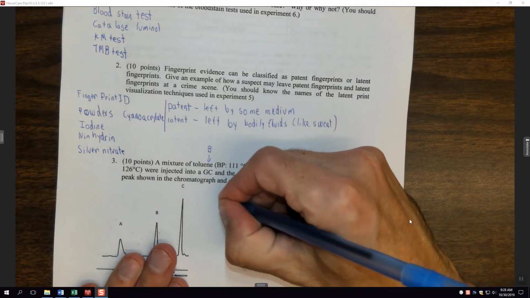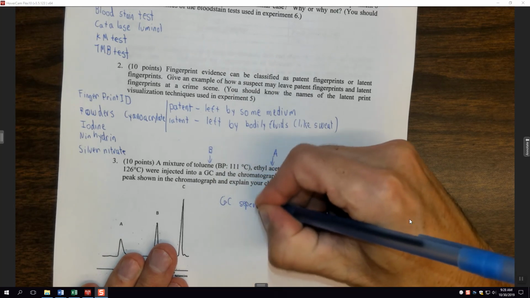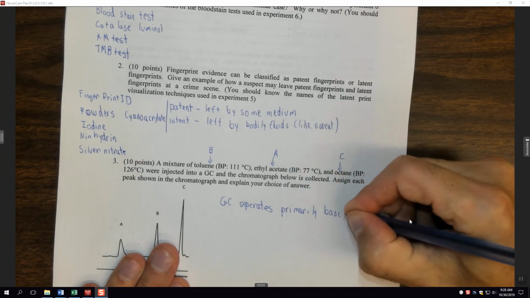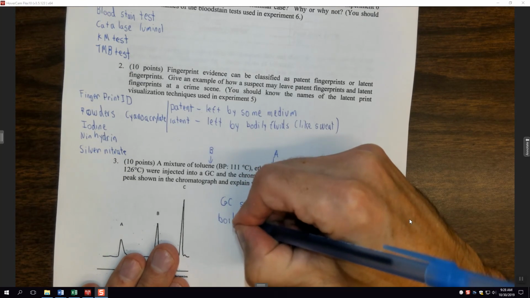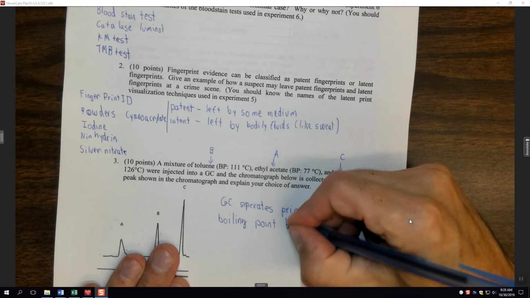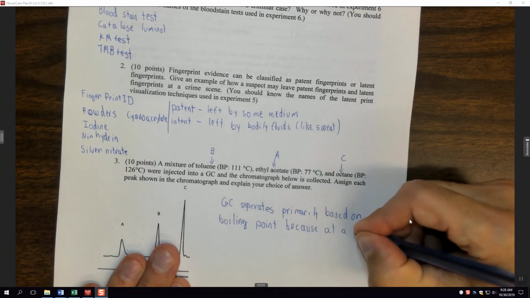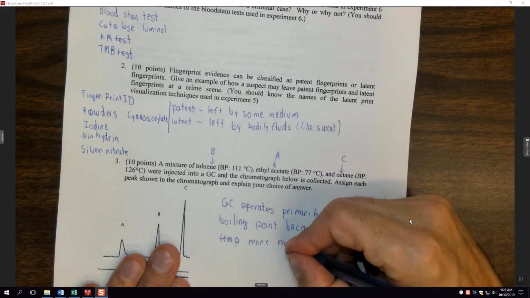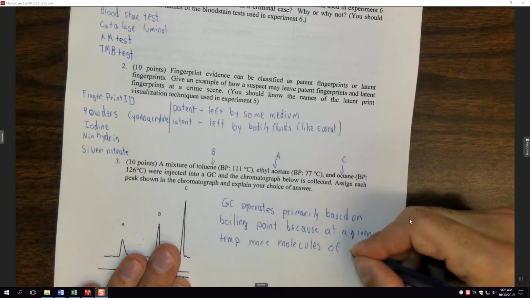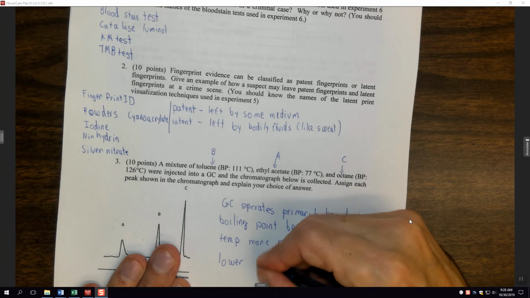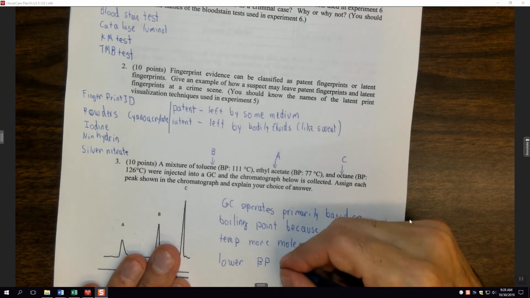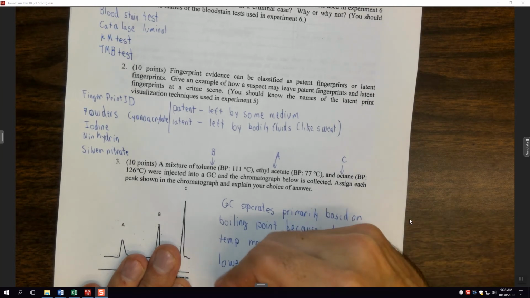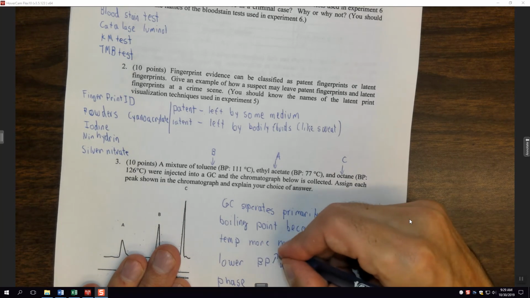Okay, so I'm just going to put here: GC separates primarily based on boiling point because at a given temperature, more molecules of the lower boiling point will be in the gas phase. I think I should put lower boiling point substance.